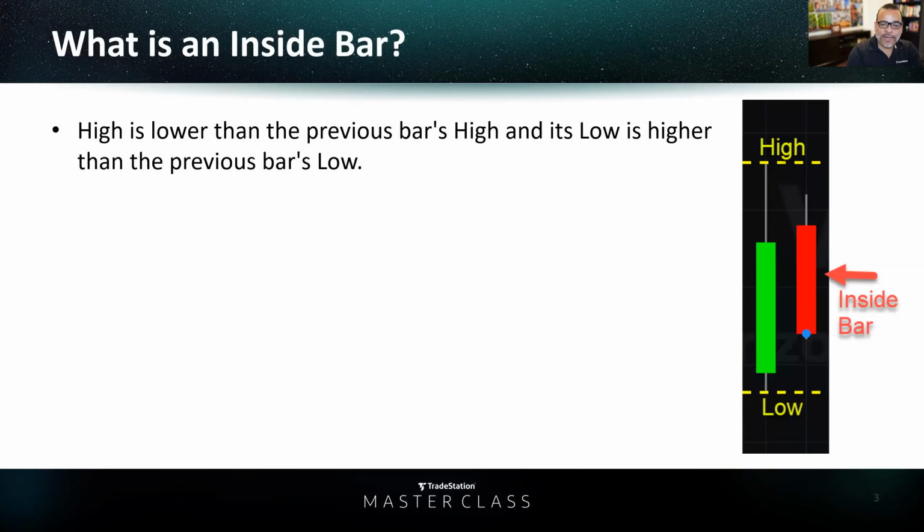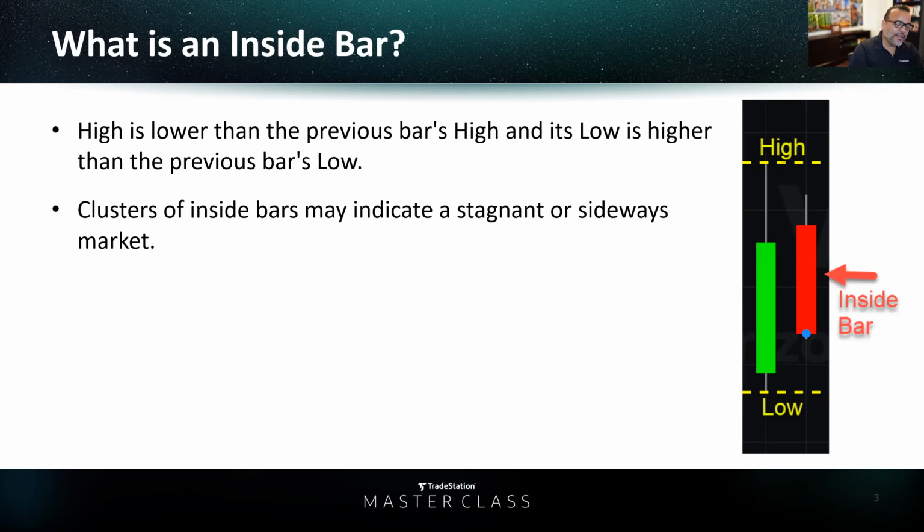An inside bar is a bar that has a high that is lower than the previous bar's high, and its low is higher than the previous bar's low. So when we look at a picture of an inside bar, it's pretty much a bar that is smaller on both sides than the previous one. So always look at the previous candlestick and you can identify those inside bars.